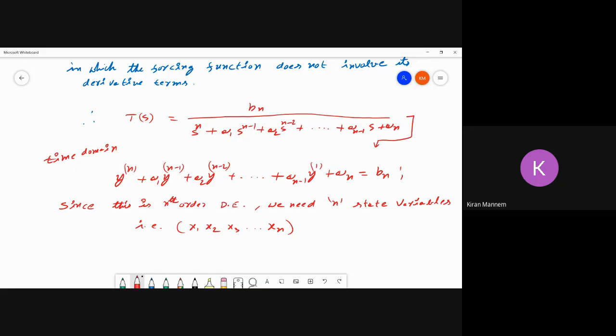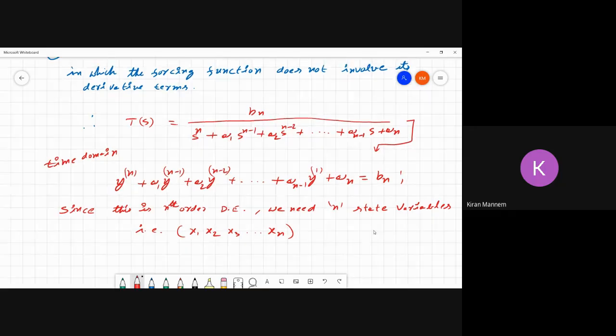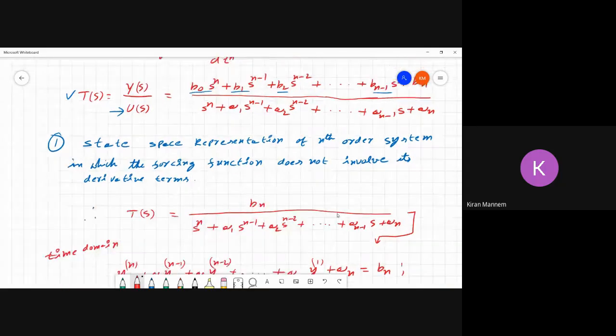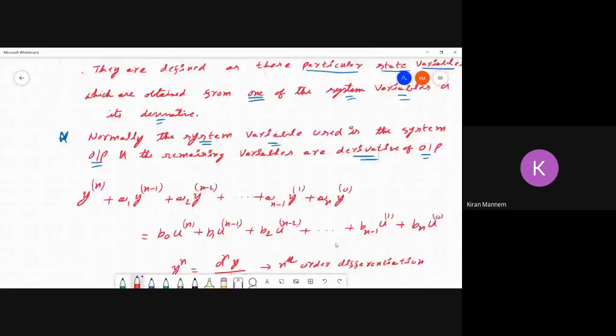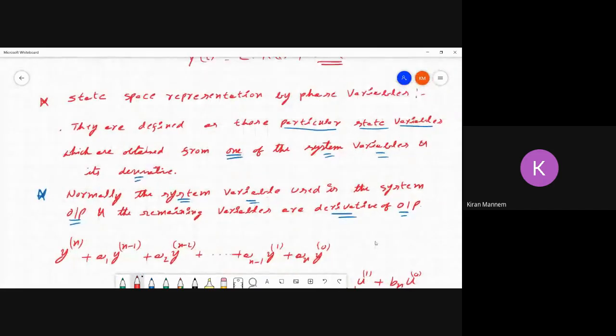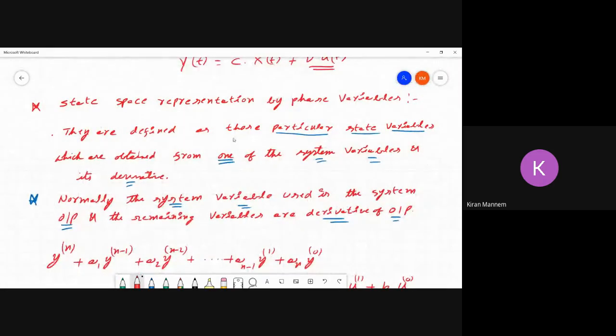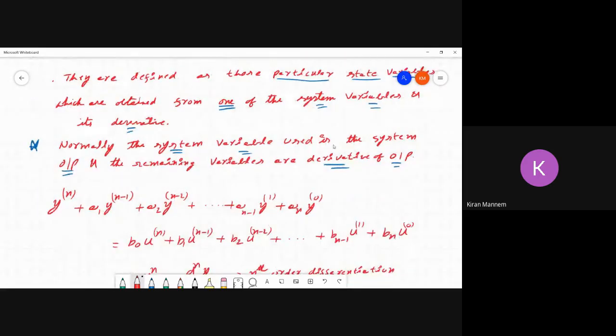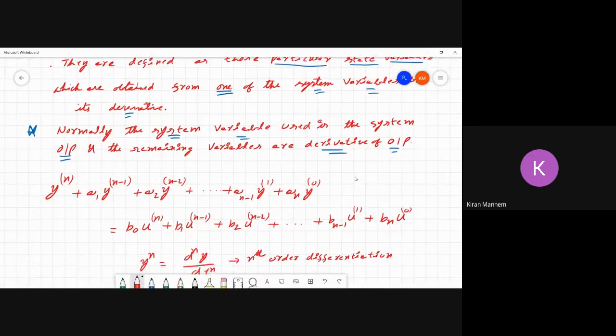Now look at the phase variable definition. So what is that phase variable definition? They are defined as those particular state variables which are obtained from one of the system variables and its derivatives. Now, what is the system variable used in the system? It is the output. And the remaining variables are derivatives of the output.